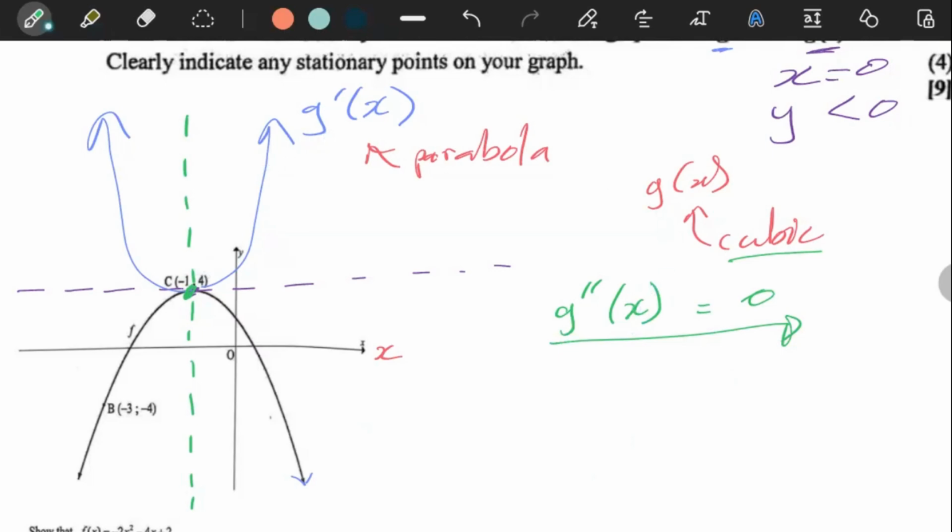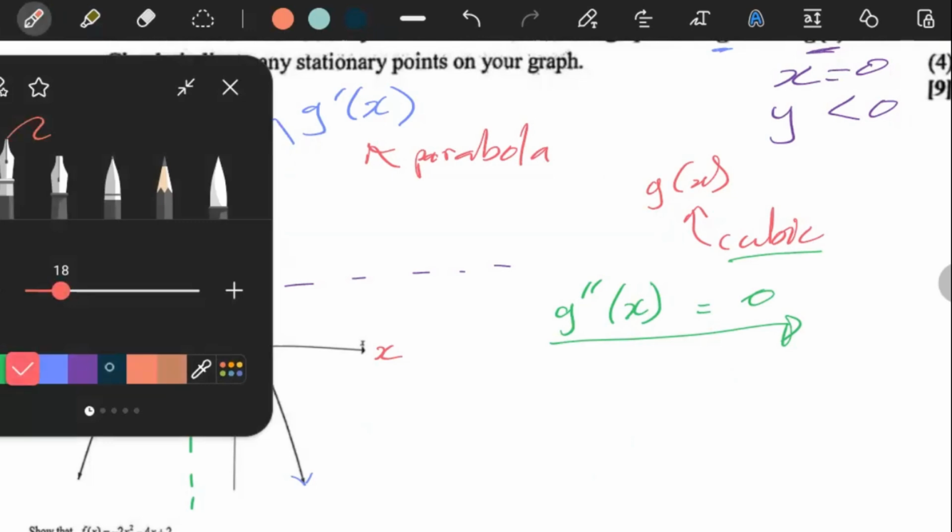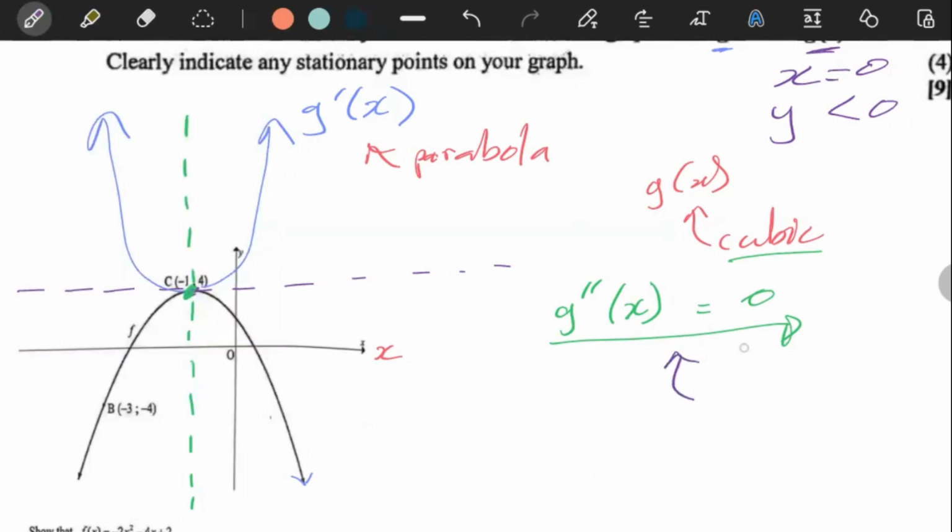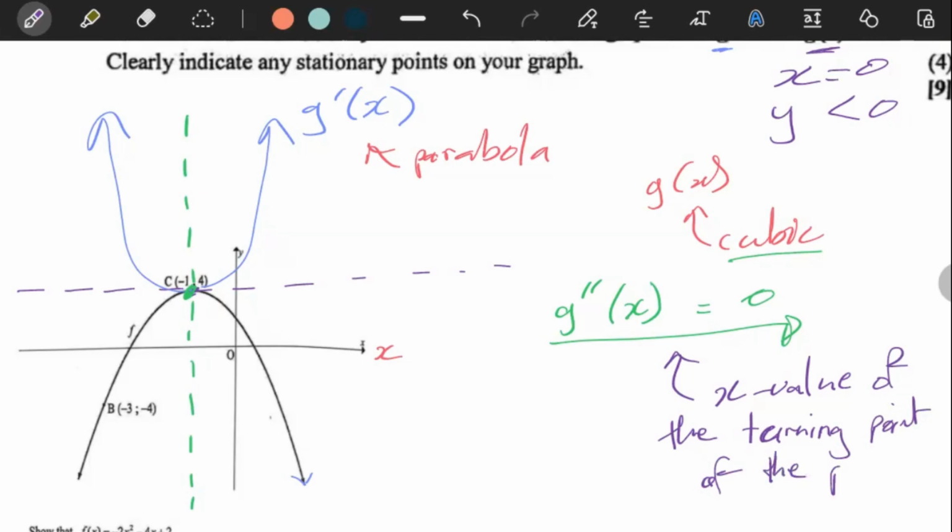Looking at this image, if you make the second derivative equal to 0, you will be working out the x value of the turning point of the parabola. So if we differentiate twice and equate to 0, we would be getting this x value here, which is -1. The -1 is the x value of the turning point.